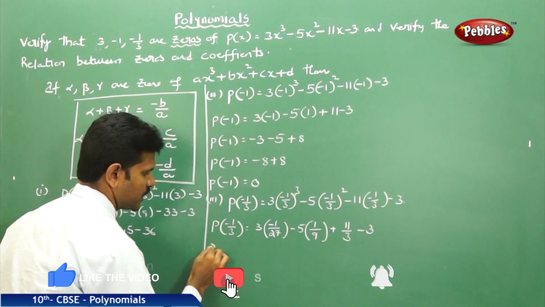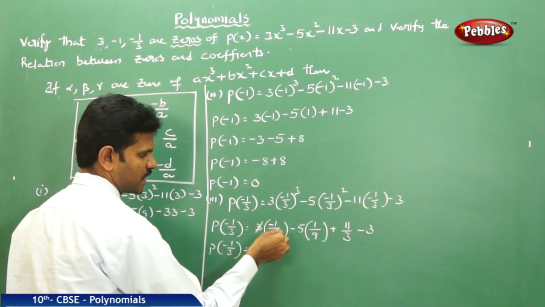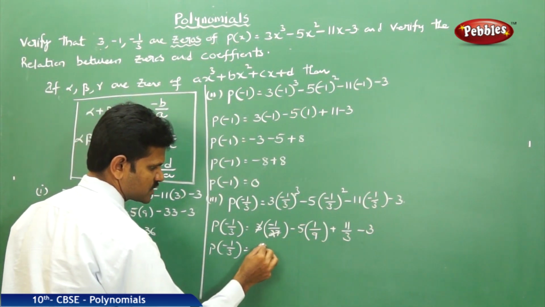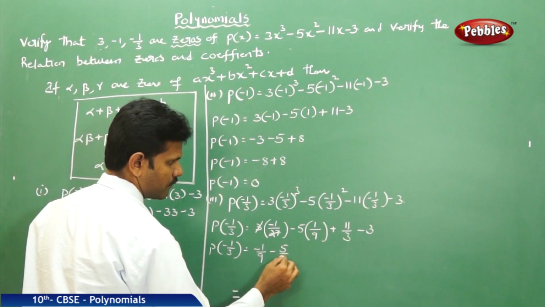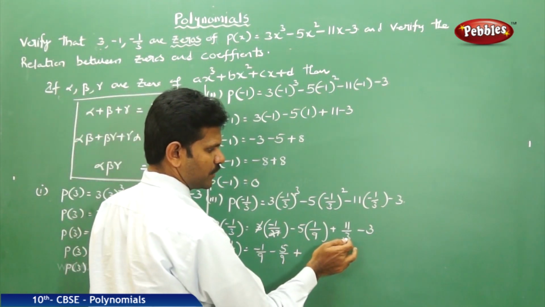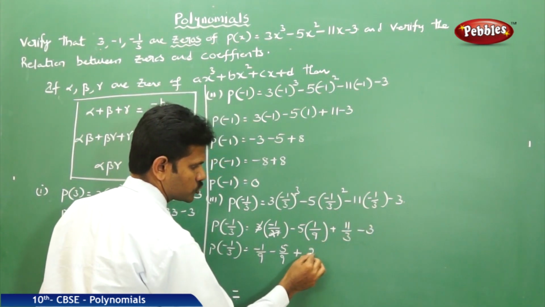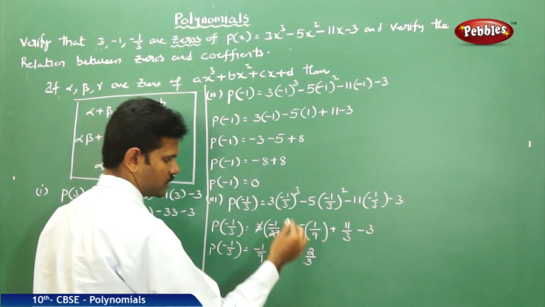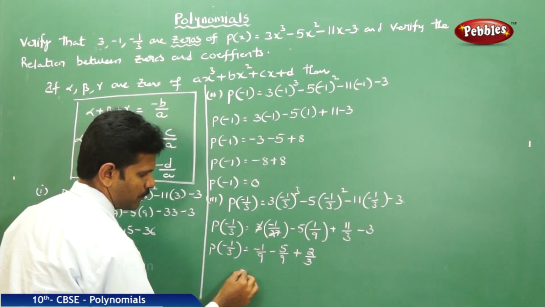Now, P of minus 1 by 3 is equal to 3 times 27, 3 nines are 27, that is minus 1 by 9, minus 5 by 9, plus. Now here we can solve this one at a time. 3 3s are 9, that means 11 minus 9, 2 by 3. Here the denominators are the same.